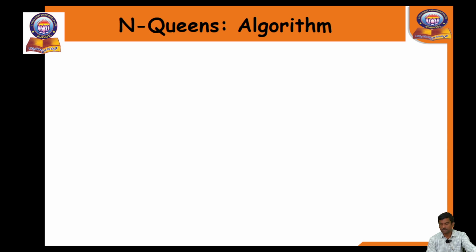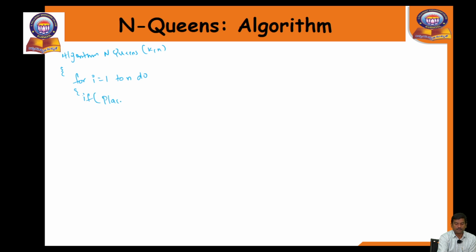So within the n queens problem, that is the algorithm, you need to take NQueens(k, n), and for i equal to 1 to n do, you are checking whether Place(k, i) is suitable.